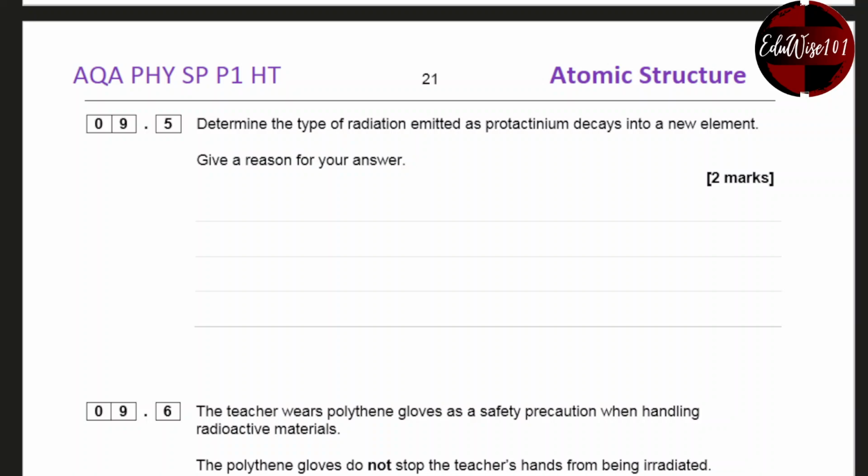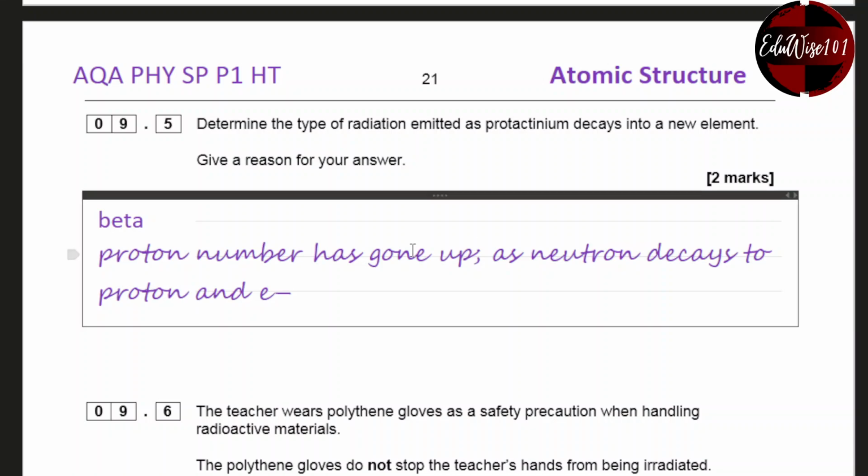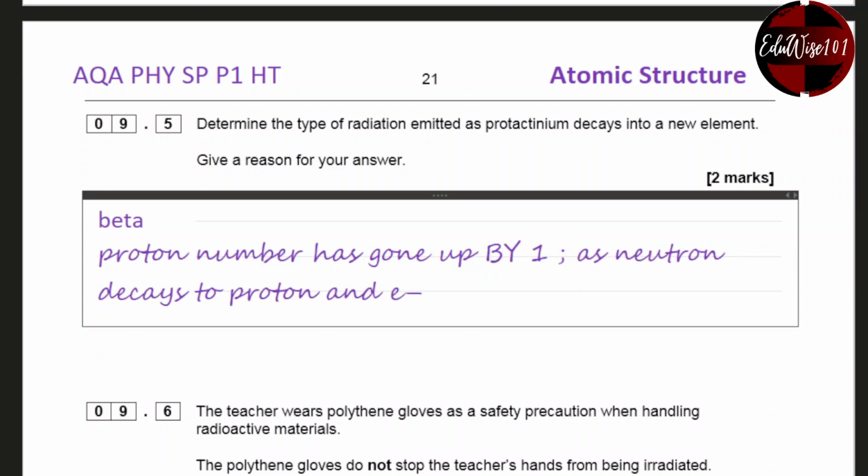The reason is the proton number has gone up by 1. Why would that happen? A neutron decays to a proton and an electron.